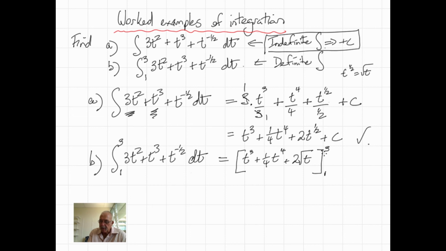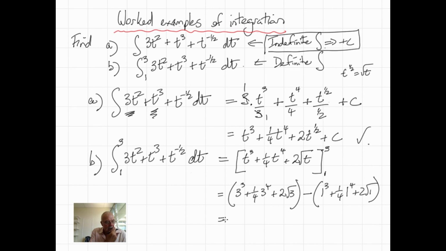Now it's a matter of substituting in the top value first. So that will be 3 cubed plus a quarter 3 to the power of 4 plus 2 root 3, close bracket, it's always minus, and then we put 1 in each of those. So that'll be 1 to the power of 3 plus a quarter 1 to the power of 4 plus 2 square root of 1.